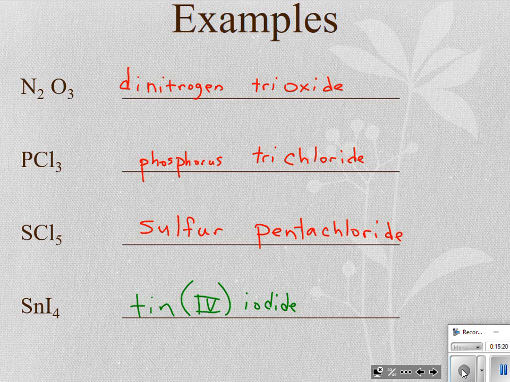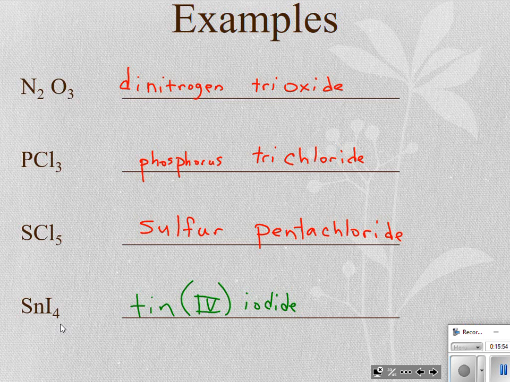So this is the way you named last week's stuff, with an ion sheet. Now, how did I get 4? How did I know it was tin 4 and not tin 2? I need to look at the iodine, right? Iodine is a -1 charge because it's a halogen, and I have 4 of them. So I need 4 positive charges to balance out the negative charge. Okay? So that's the rub right there, folks.